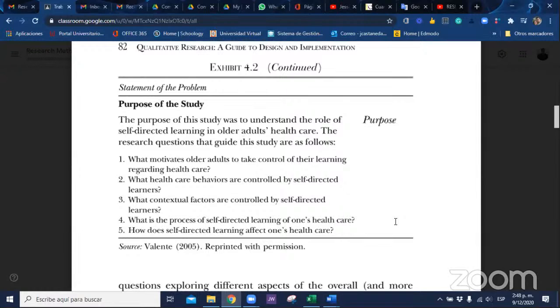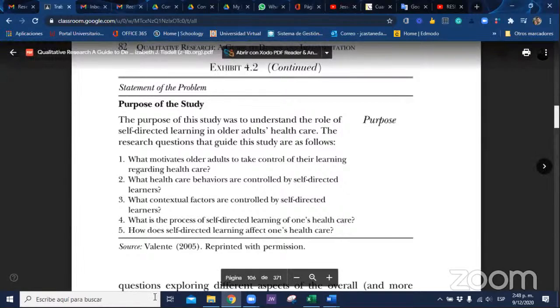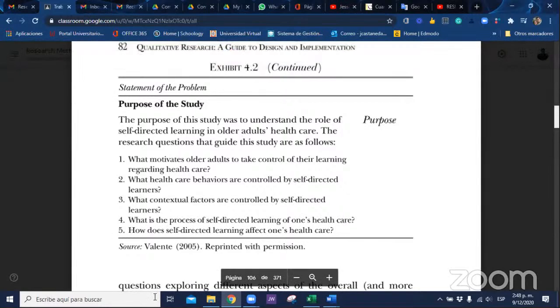Okay, so I'm going to ask you. Do you think that it is suitable to use ethnography here? Ethnography, observation of the context, observation of the culture. Is it suitable? What do you say? No.